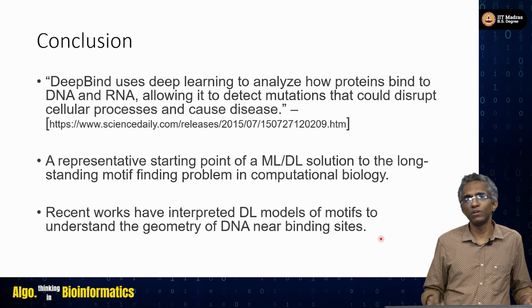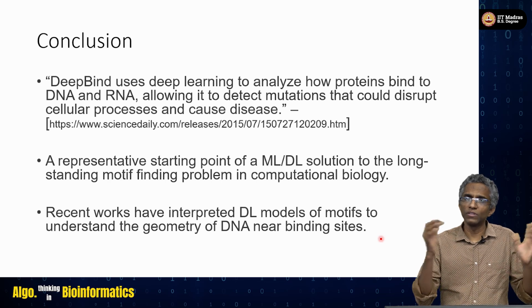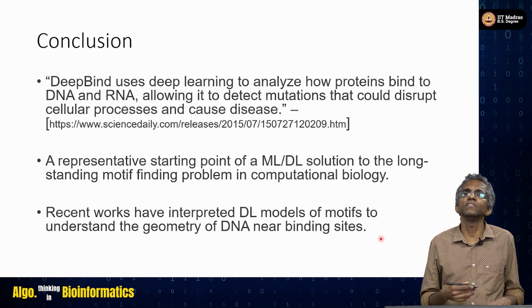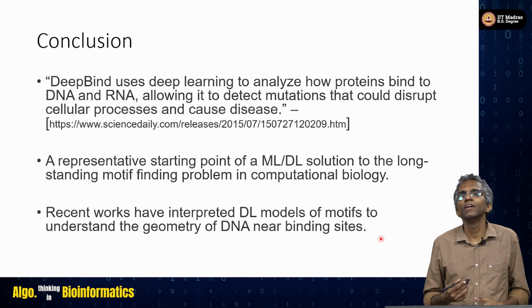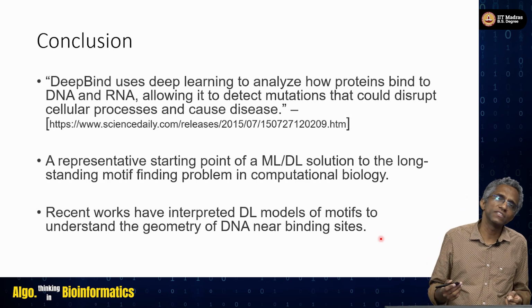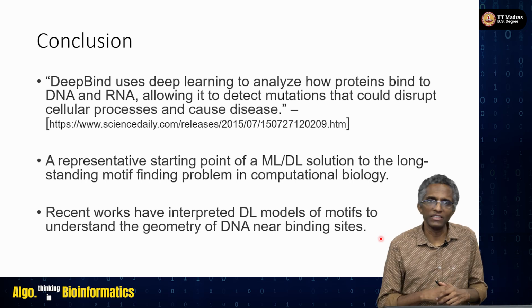There are many more works that have come after this DeepBind work, or around the time of it, and some of the recent works look at how to interpret these models, more than mutation maps, trying to look at what the parameters of the model mean and what implications it has on the geometry of the DNA sequences where the transcription factors bind.